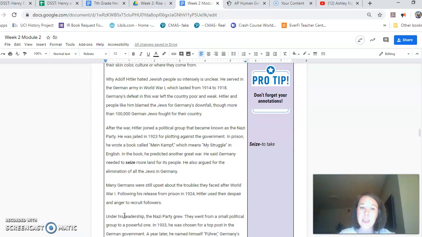He was jailed in 1923 for plotting against the government. In prison, he wrote a book called Mein Kampf, which means My Struggle in English. In the book, he predicted another great war. He said Germany needed to seize, or take back, more land for its people. He also argued for the elimination of all of the Jews in Germany.